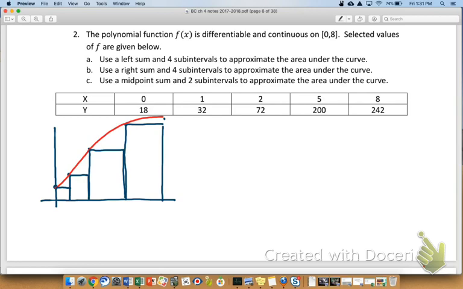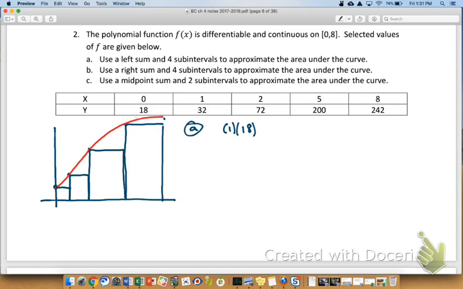So if I was going to do a left sum, so part A, I would say that my first base is how long? First base? 1. So I'd go with 1 times, what would I use for my first height? 18, yep. So I'd use this height for my first rectangle if I'm doing a left sum. So 1 times 18.